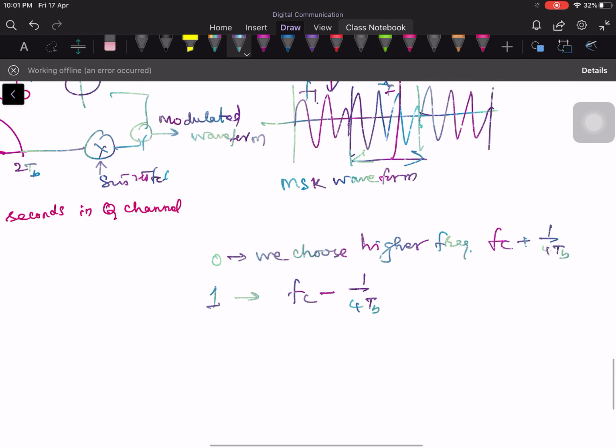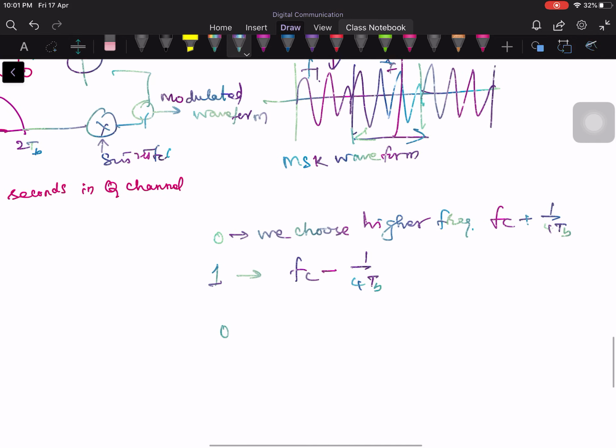That means if 0 comes, I choose higher frequency, and if 1 comes, I choose lower frequency. If I choose higher frequency, what do I mean? Increase the phase. The phase is increasing.